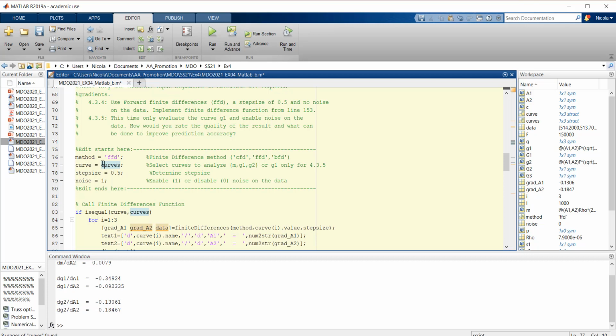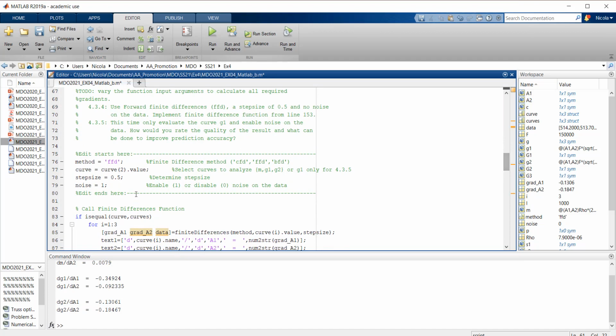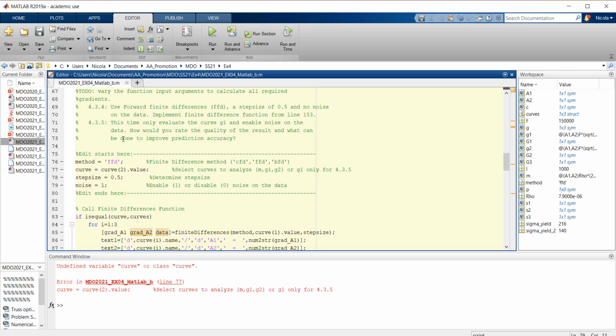So we add some noise to the curve values, curves of two-point value. So that's G1 here. And we leave the step size. And then let's look at what the approximate gradient does.